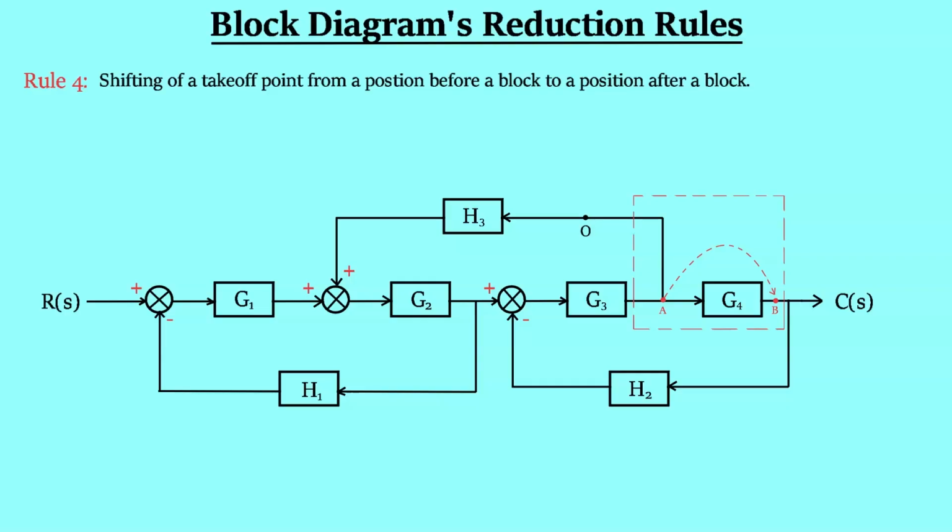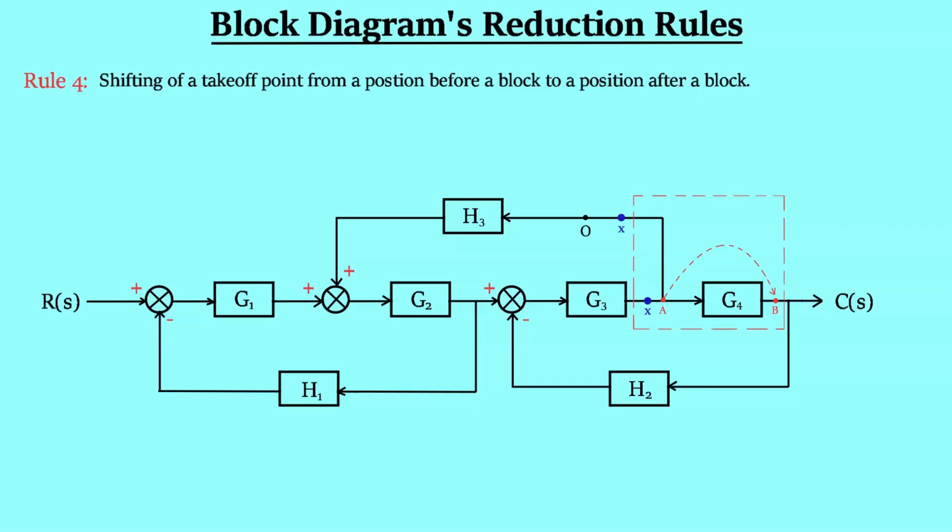This output is actually the input of another block whose transfer function is H3. And this is the important point you have to keep in mind, that the input for the block H3 has to remain constant even after changing the position of the takeoff point. Suppose the output just after the G3 is X, then the input of the block H3 is also X.